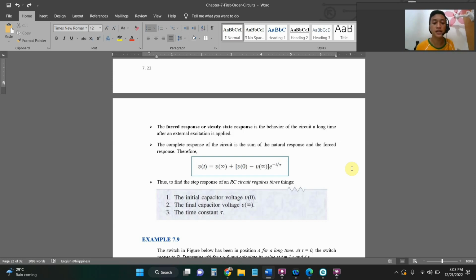So finding the step response for an RC circuit requires three things. The first is the initial capacitor voltage, which is V_0. The second is the final capacitor voltage, which is V(infinity), and the third is the time constant tau.